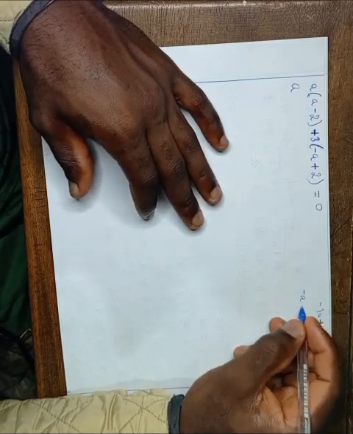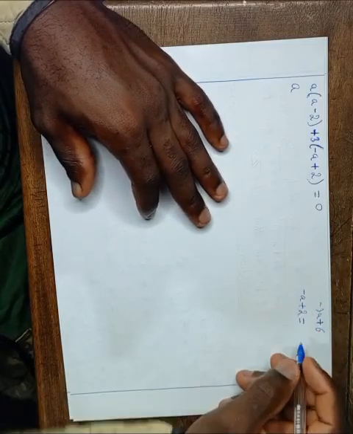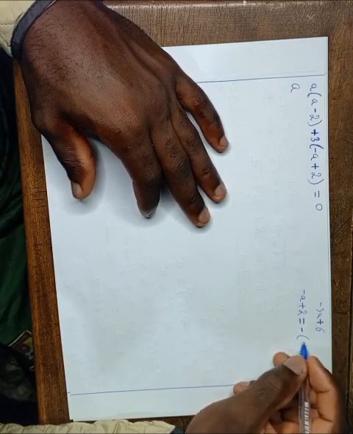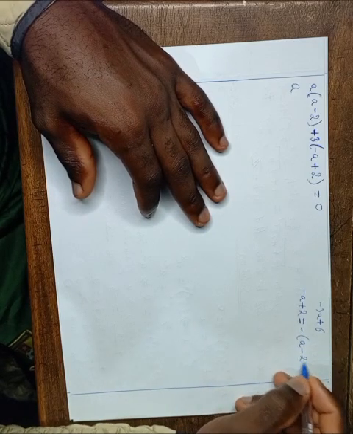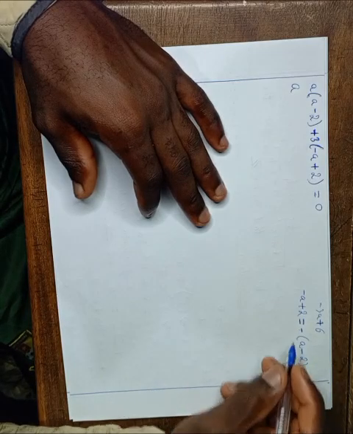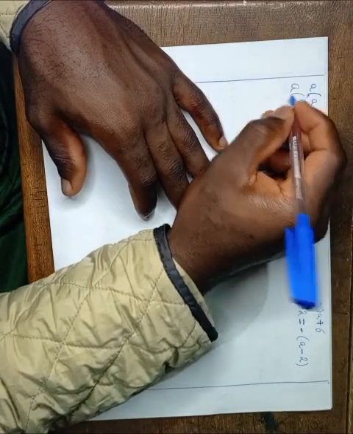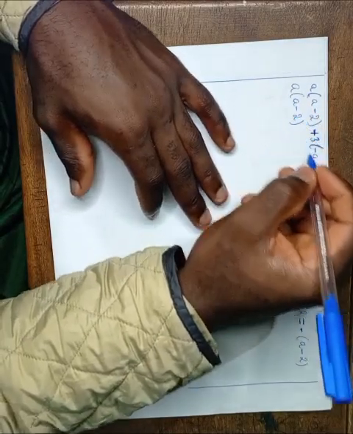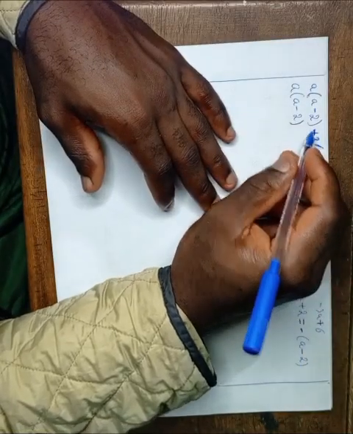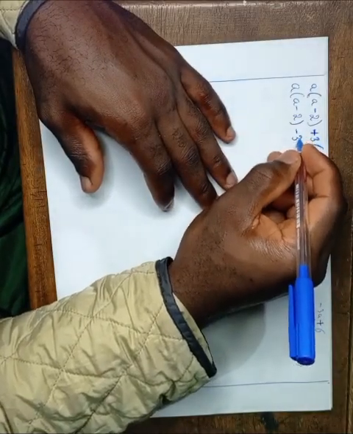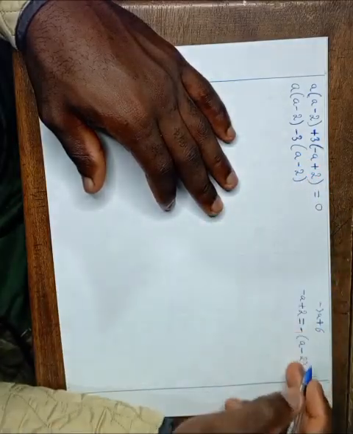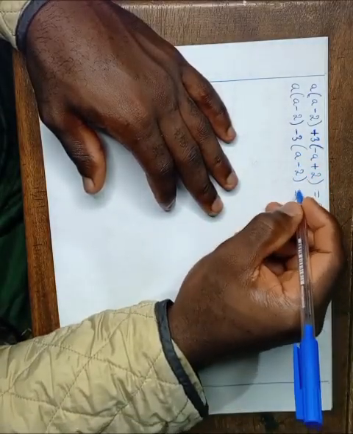If we take -a plus 2, this will be the same as, if I factor out -1, I'll be left with a minus 2. I know -1 times -2 will give us +2. So here I'll write this down, a minus 2. If I factor out -1, +3 here becomes -3. So here I'll have negative 3 times a minus 2 equal to 0.